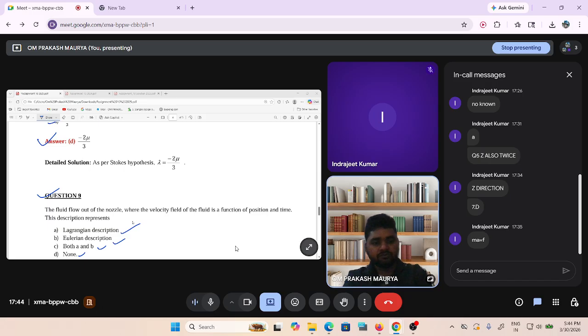So please just try to think, or you can just Google what the Lagrangian and Eulerian descriptions are. Based on these definitions, try to understand question number 9. Then you will be able to give the answer. If you do not know, please just Google it: first, what is the Lagrangian description, and what is the Eulerian description. Based on this, you can decide whether question 9 belongs to the Lagrangian description, the Eulerian, or both.